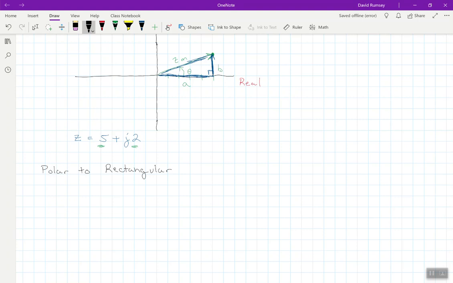We're going to be given a number in polar format. We're going to be given z equals, for instance, 10 at an angle of 25 degrees. And we want to know how to convert that to rectangular.